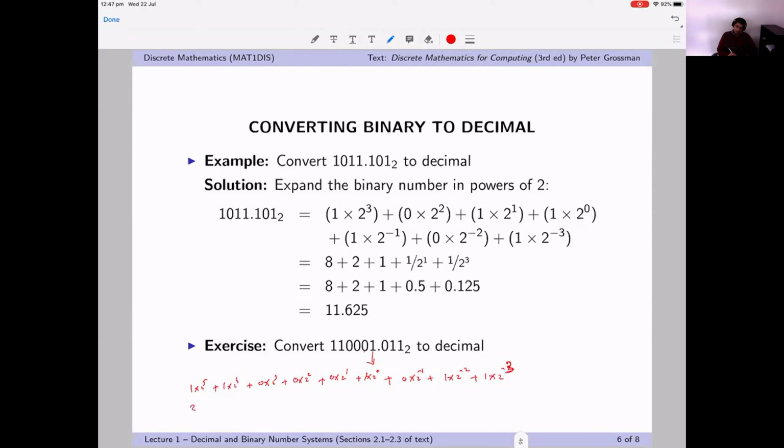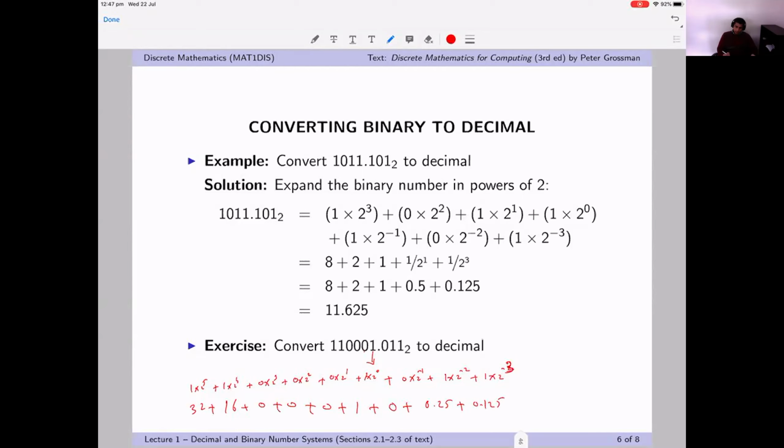So you write 32 plus 1 times 2 to the power 4 is 16 plus 0 plus 0 plus 0 plus 1 times 2 to the power 0 is 1 plus 0 plus 1 over 4 is 0.25 plus 1 over 8 is 0.125.